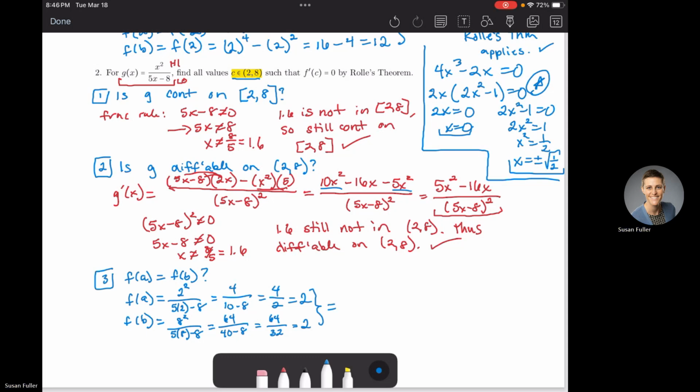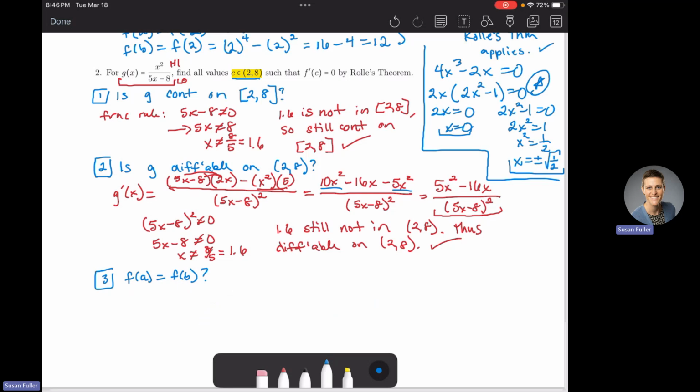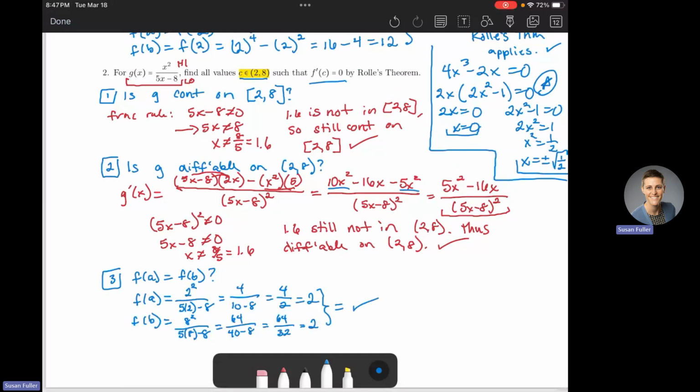These are the same. All of these boxes are checked, and that means that Rolle's theorem applies and guarantees me a place where my derivative is equal to 0. So now we can find it just by setting my derivative equal to 0.